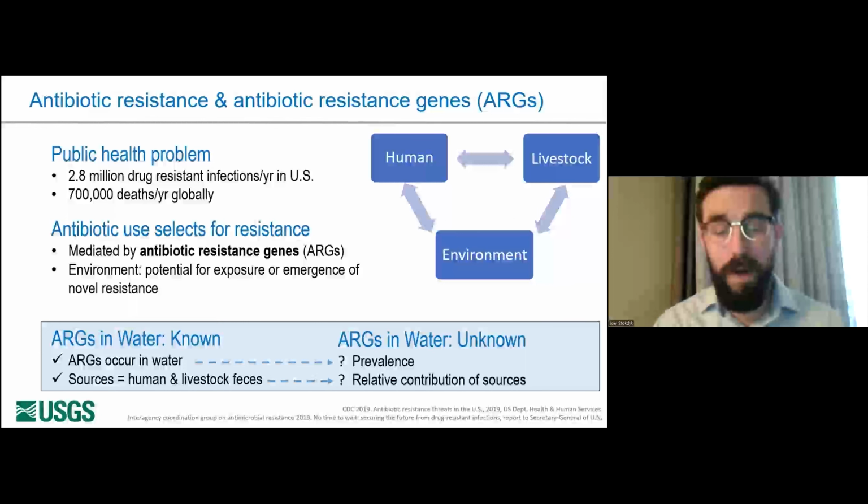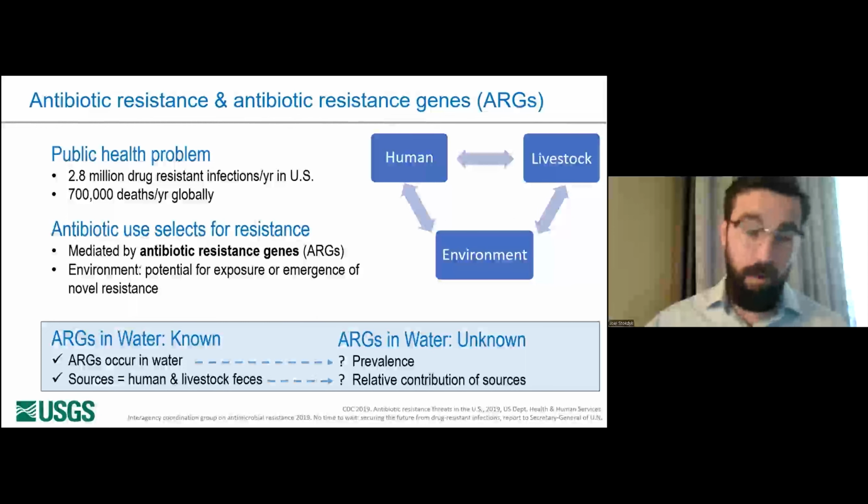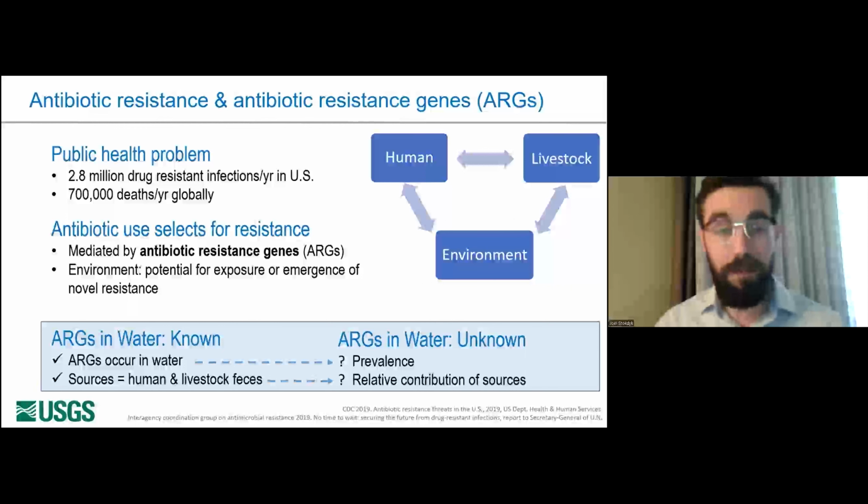A way to illustrate these knowledge gaps is to think about a typical study that's done in this field, where researchers will identify a suspected source out on the landscape, like a wastewater treatment plant, and then they will go test the groundwater right nearby to establish a link between the source and the contaminants in the groundwater.